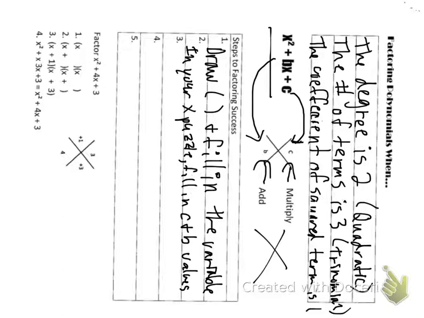Step 3, you're going to ask yourself, what will the signs be? Is it going to be plus plus in my parentheses? Is it going to be minus minus, plus minus, minus plus? That's step 3.